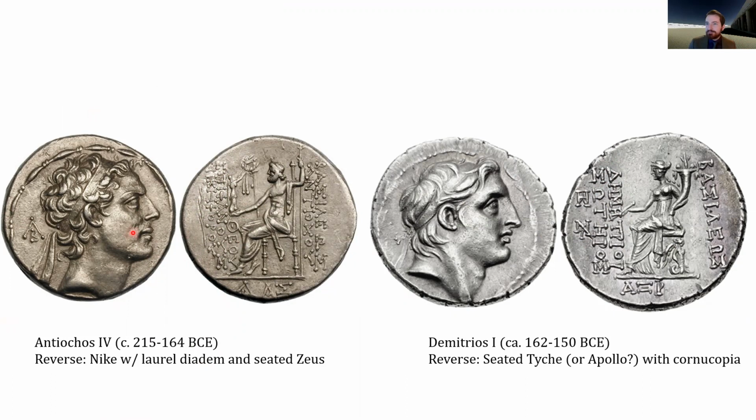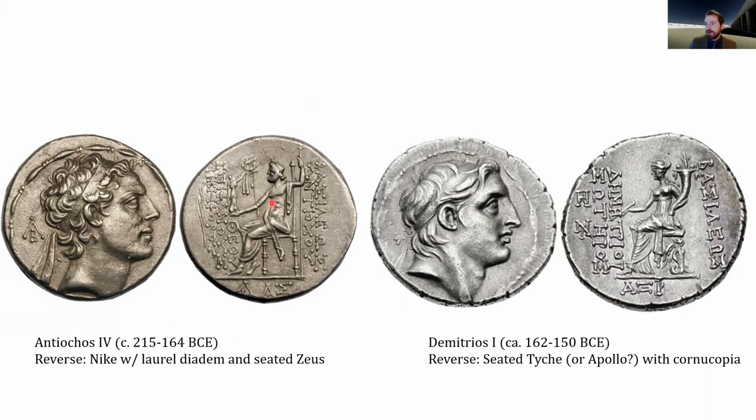But as you can see, they're still kind of beholden to that idea of Alexandrian portraiture. So they have this lovely flowing locks, the diadem, and here his hair isn't as thick; it's a bit flat. But here, Antiochus has just some lovely locks.